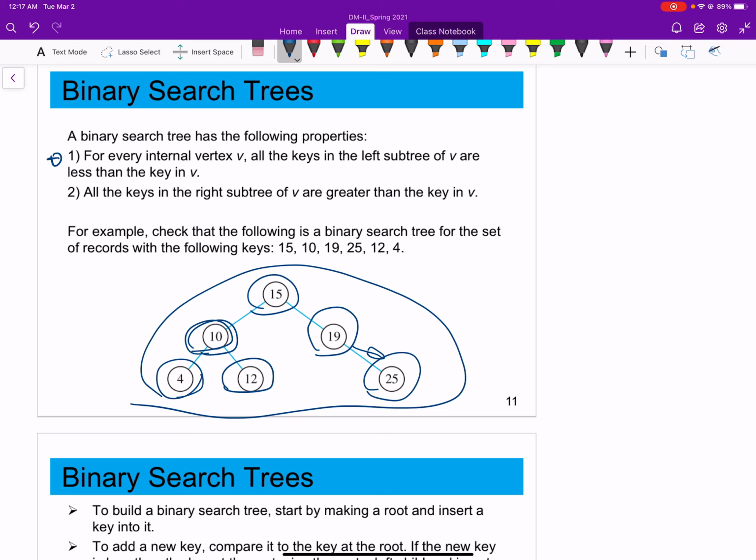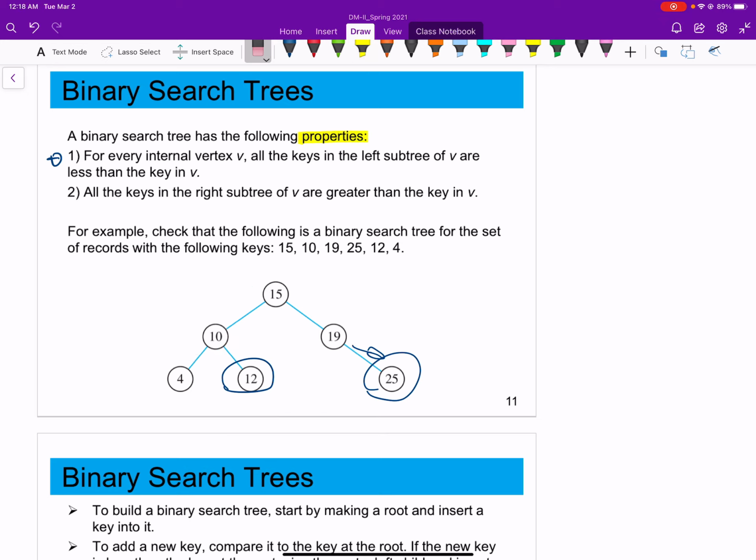All right, so these are the properties. There are 2 main properties. For every internal vertex V, all the keys in the left subtree of V are less than the key in V. If you consider the left subtree, this is the left subtree of 15.